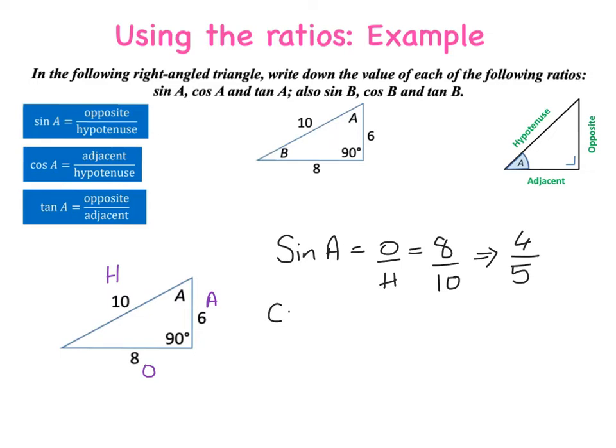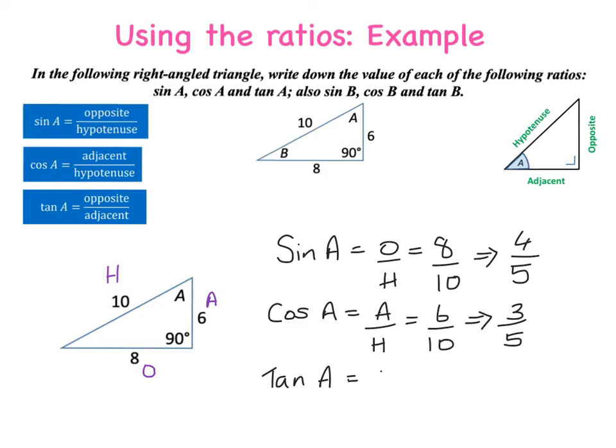Cos A then is simply the adjacent over the hypotenuse. So in this case then we have 6 over 10, and again they both divide by 2. 6 divided by 2 is 3, 10 divided by 2 is 5. So we have 3/5. And then last but not least, we have tan A, which we know from above is opposite over adjacent.